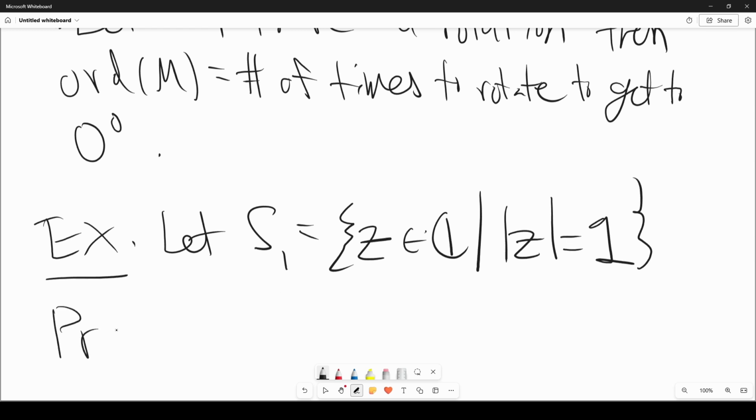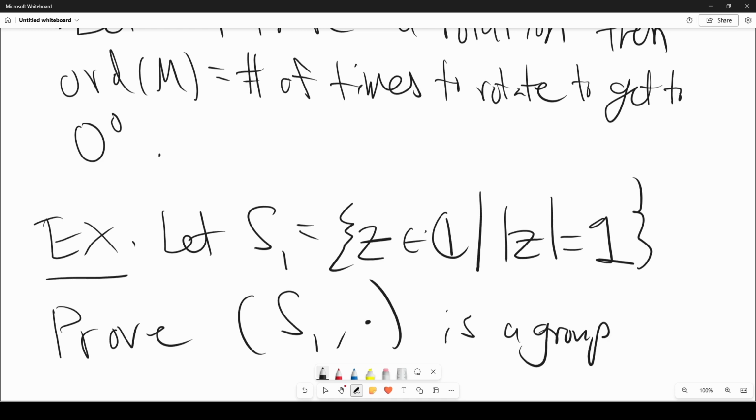And try to prove that S1 with regular multiplication of complex numbers is a group. So this will be a good exercise at using the definitions and is kind of interesting as well.